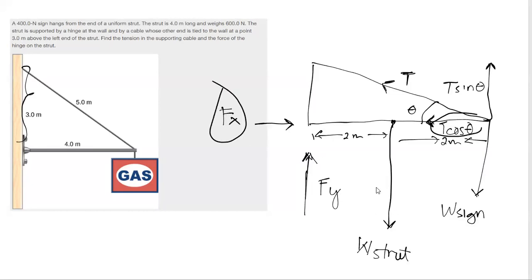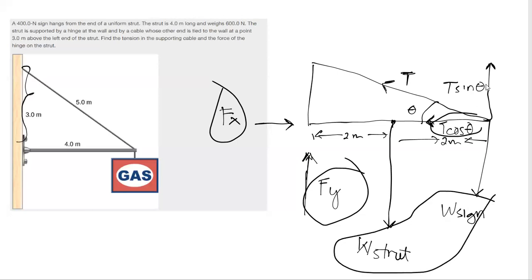Now let's go back to the force diagram. Now we have four vertical forces. You have your Fy, the force exerted by the wall so that the strut does not fall. You have your W sign and W strut, and your vertical tension component.